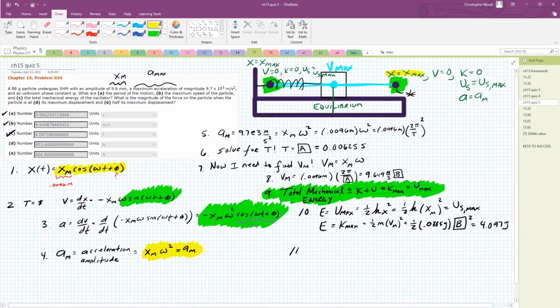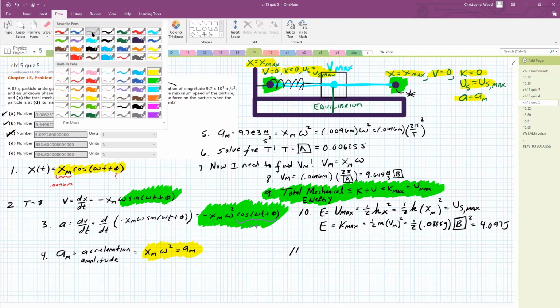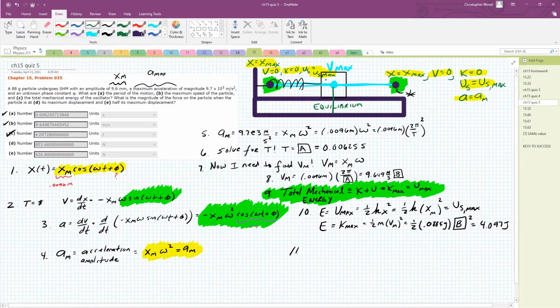That's my max displacement, just like this is my max displacement way over here. No velocity means no kinetic energy. That means maximum potential energy and maximum acceleration. That's what's going on at my extrema points. a equals a max.